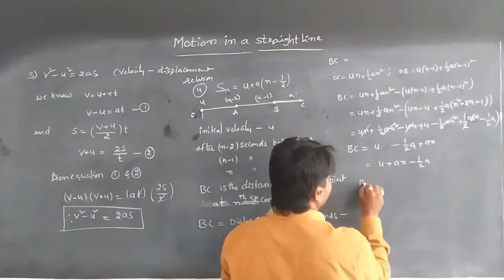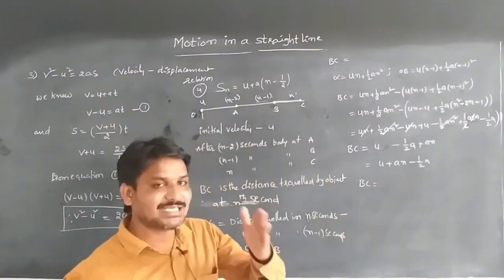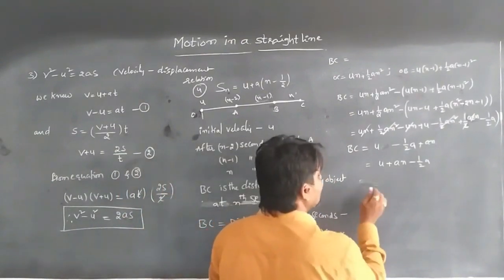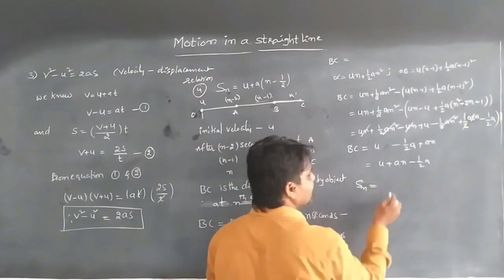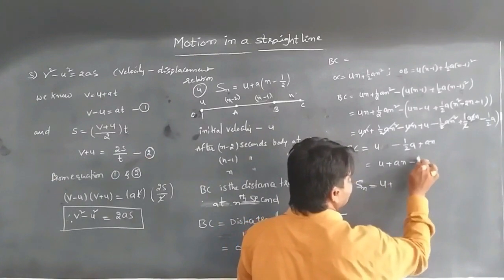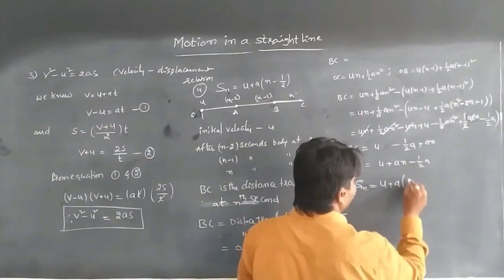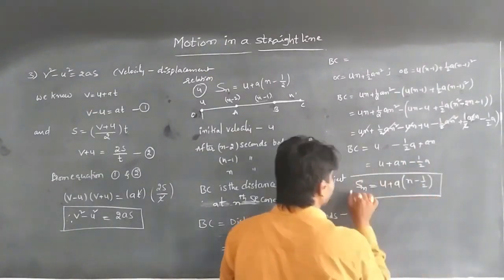So from that formula, BC means the distance travelled by a body at the nth second. That's why we call it Sn, the distance travelled at the nth second. Sn is equal to U plus A, and A is the same in these two terms, so we take A common: U plus A into n minus 1 by 2. This is the relation.